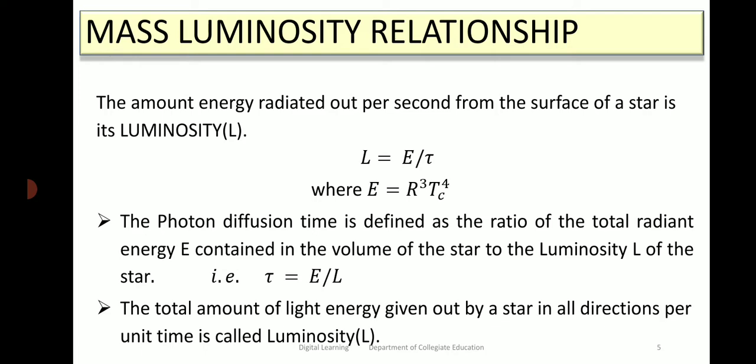The photon diffusion time is defined as the ratio of the total radiant energy E contained in the volume of a star to the luminosity L of the star, that is tau equals E by L. The total amount of light energy given out by a star in all directions per unit time is called the luminosity of a star.